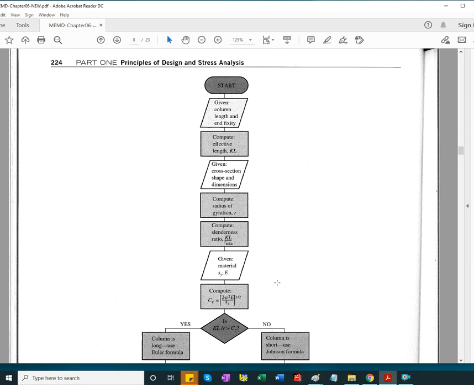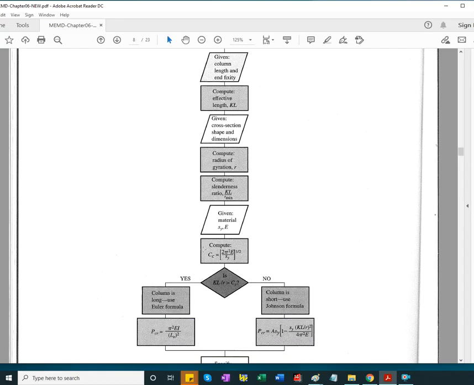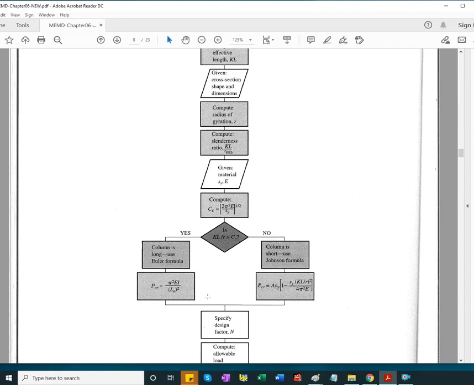Compute the radius of gyration, compute the slenderness ratio, SR, equivalent length over minimum radius of gyration. And then to calculate the column constant, you would need, of course, Young's modulus. Young's modulus occurs in Euler's formula as well, but you would need yield strength also.